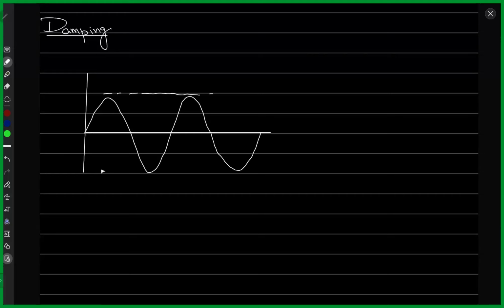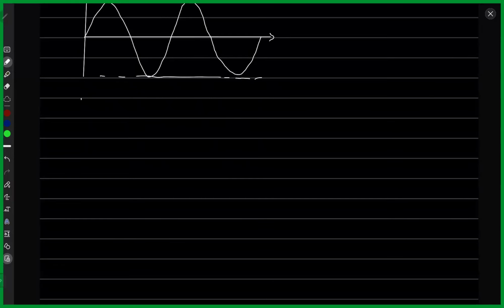Now, this type of oscillation is not practical, as in you would not observe these types of oscillations on a daily basis. The type of oscillations that you will observe look something like this. Let me try to draw it. So you have this curve, then you have this, and then now it starts to decrease.